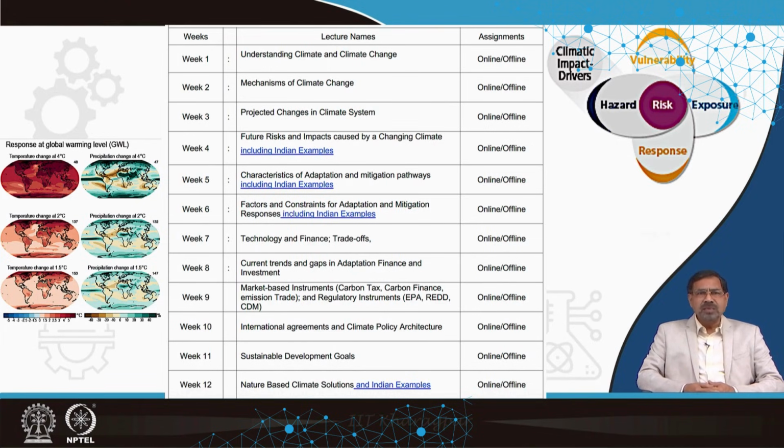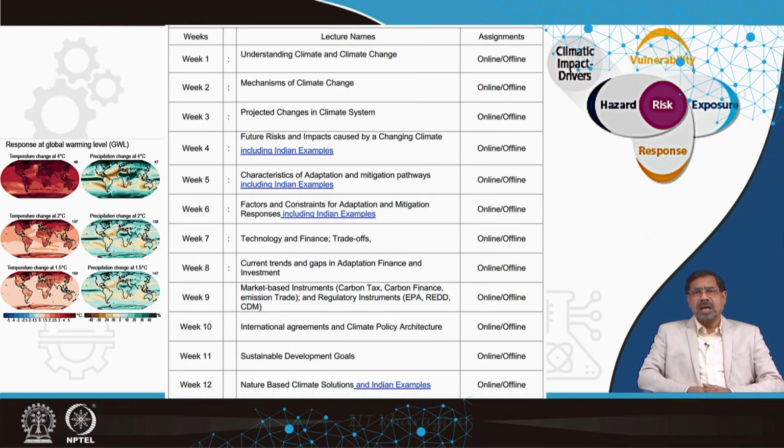And in the 10th week, we will talk about the international agreements and climate policy architecture. So, we have started understanding with respect to the Kyoto Protocol. All of us know the IPCC documents, the various COPs, the Conference of Parties that happens every year towards early December.